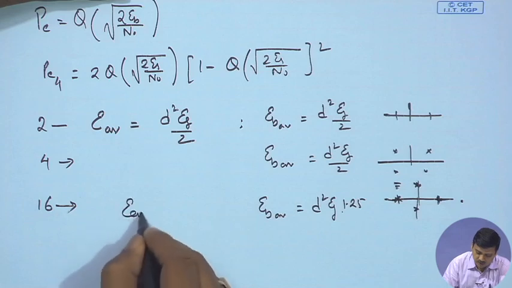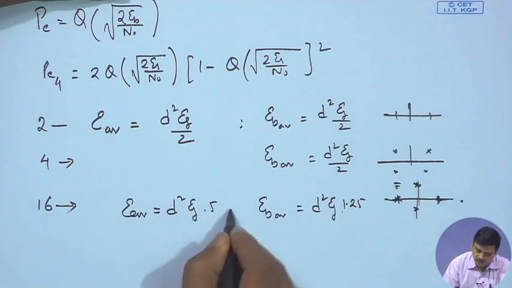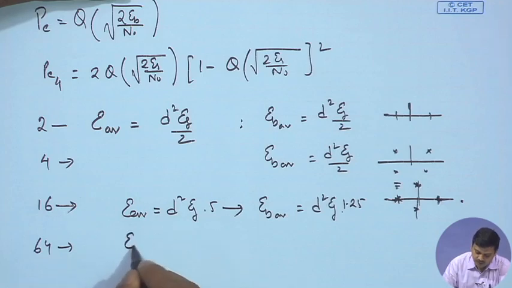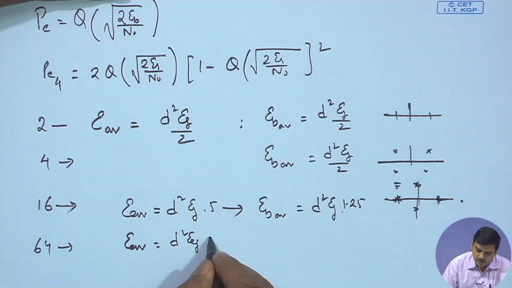So, EAV you can compute to be d squared Eg times 5, and when it is 64 constellation, 64 QAM, you are going to get EAV. We did the calculation of EAV for M-ary QAM, which would be d squared Eg with 63 upon 3.